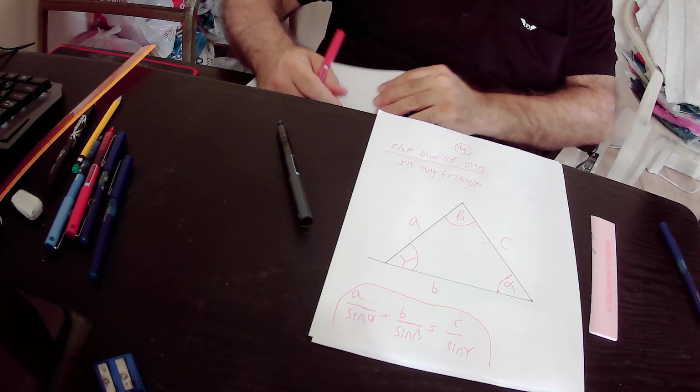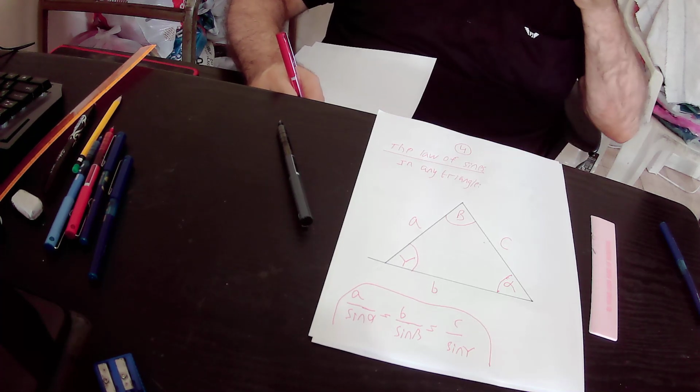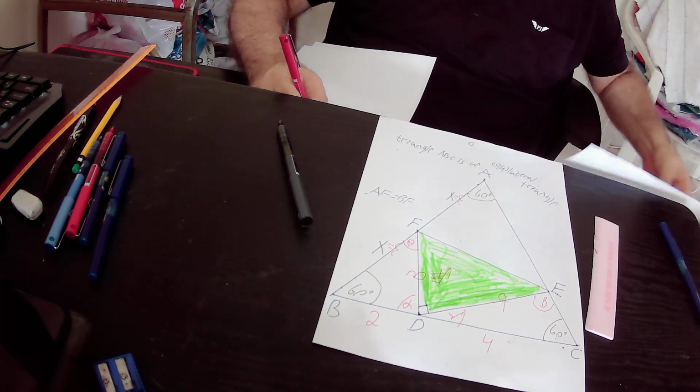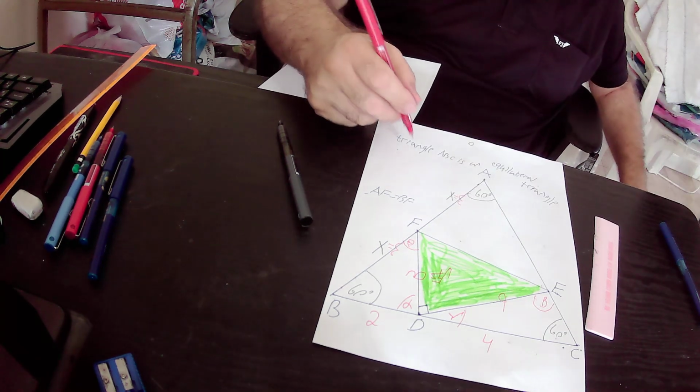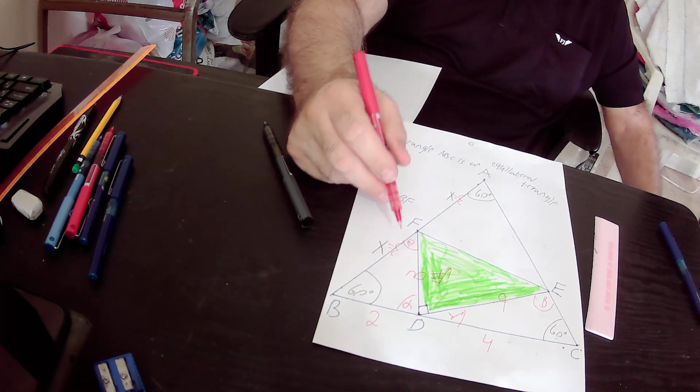So we actually can implement the law of sines in our triangle, the small triangle FBD.